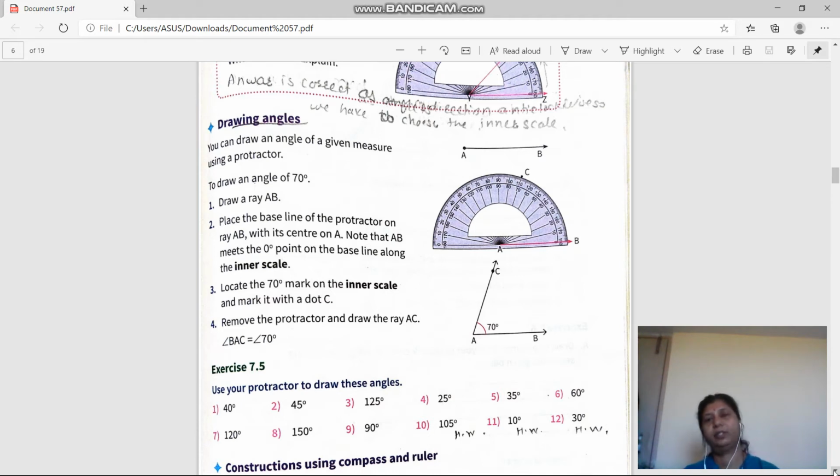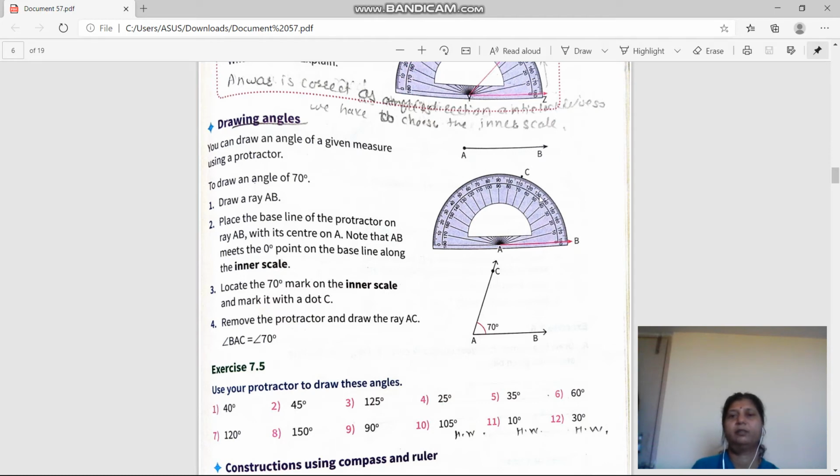If you practice, you will definitely become perfect in drawing angles, and it is necessary because these are the basic things in geometry. So you have to practice it. If the horizontal line is on the right side, then it is an anti-clockwise direction, so you have to use the inner scale. Put the center on the vertex, then this horizontal line on the baseline 0, and start counting the measurement of the angle. Whatever measurement is required, tick that mark.